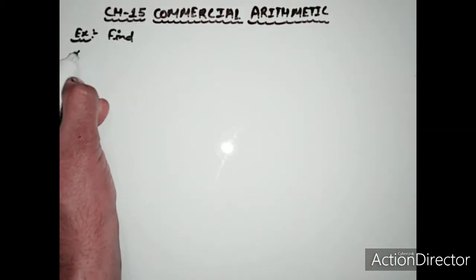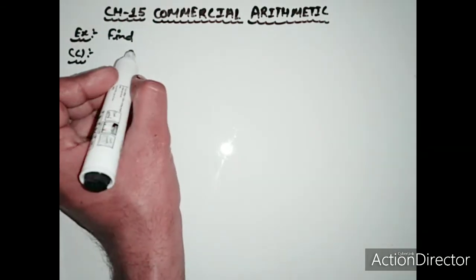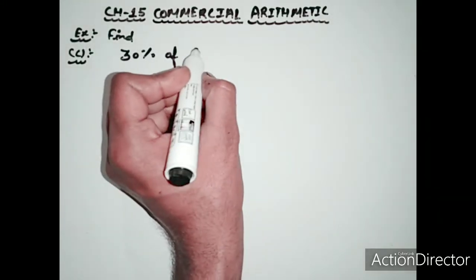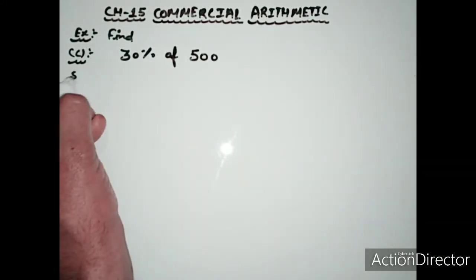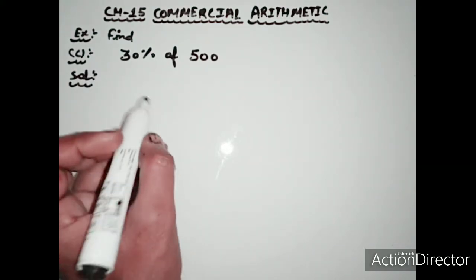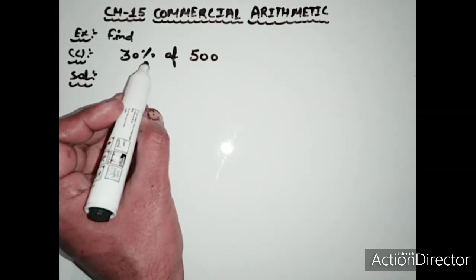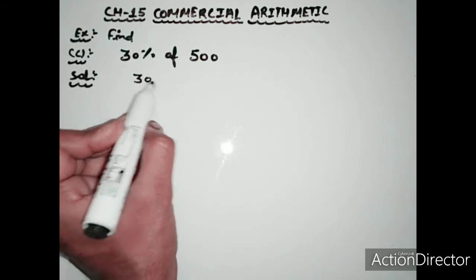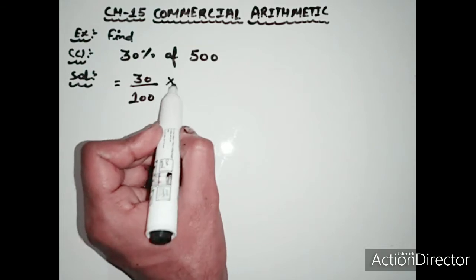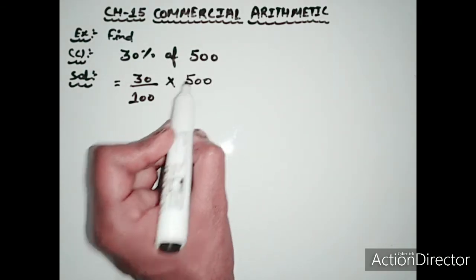Now example number C. 30% of 500. So here first we write 30% in fraction form, 30 upon 100, and then multiply by 500.